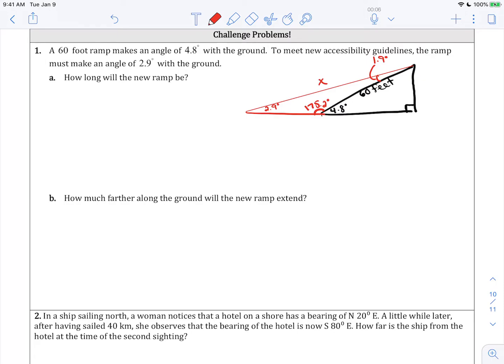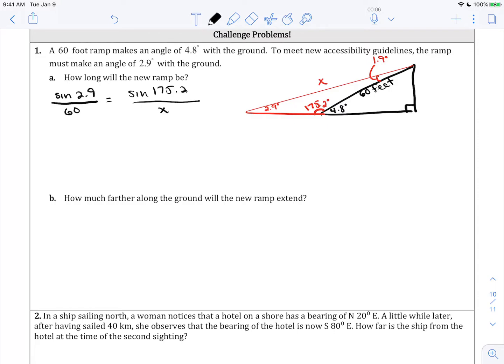Well, looking at this red triangle here, I have an angle and a side opposite. That's the side 60. And I have an angle, and I want to find the side opposite. So I'm going to set up an equation to solve for the length of the new ramp. I would say sine of 2.9 over 60, that's an angle and the side opposite, equals sine 175.2 over the side opposite, x.